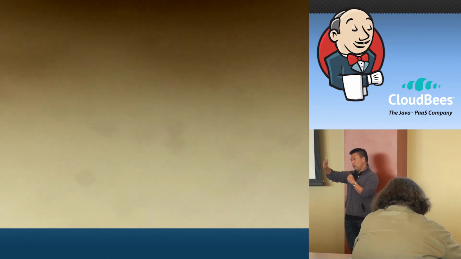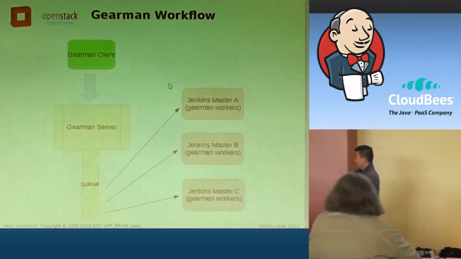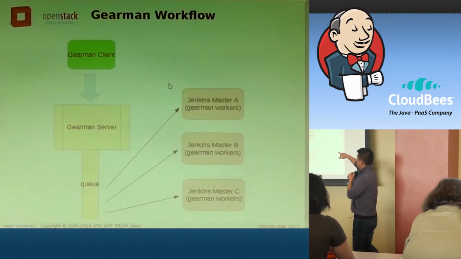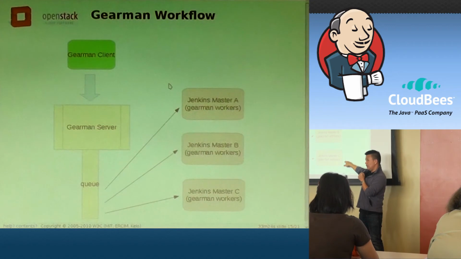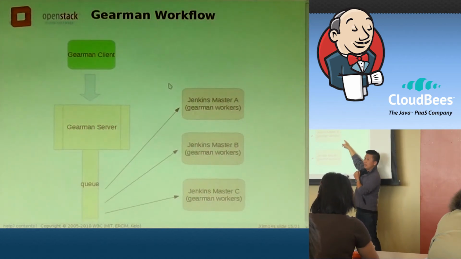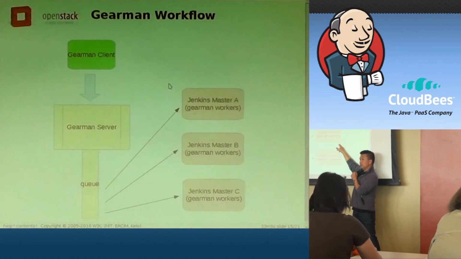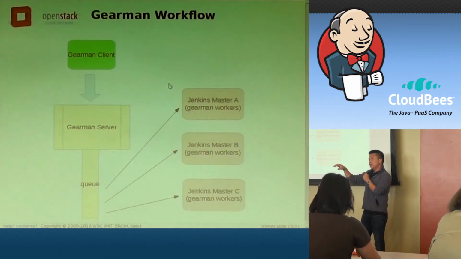If you have one job with a Gearman worker, let's say Gearman master C, that says I can run this job, and then the dependent job has a label that's only set to master B, then it would only run on master B, because the Gearman worker has a label that says I can only do these jobs.